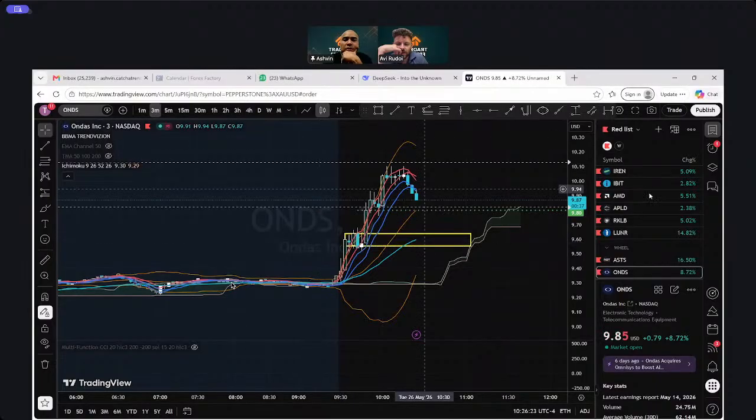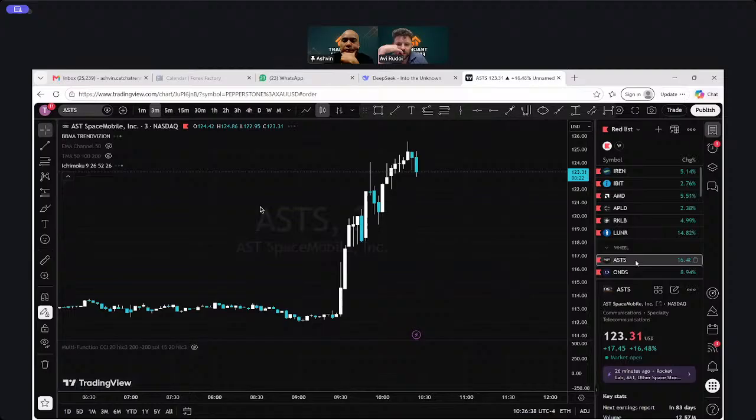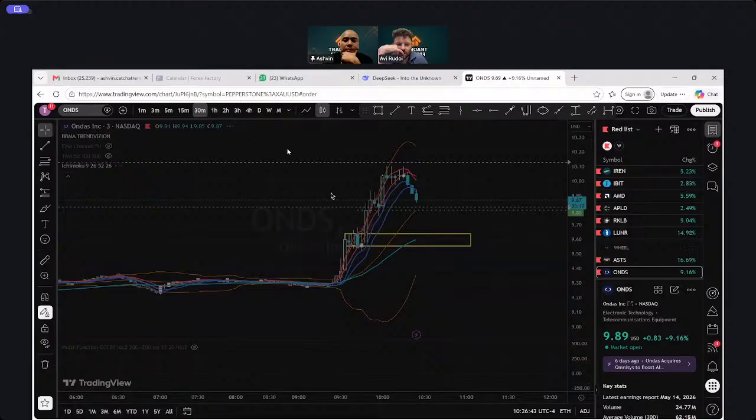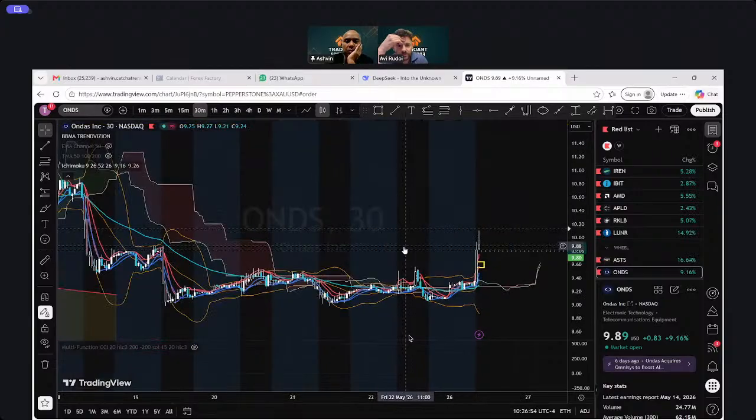Yeah, Onda is coming back down. Yeah, we'll break even now. Let's see if this one pushes up again. Oh, there's a support level here that it cannot break.